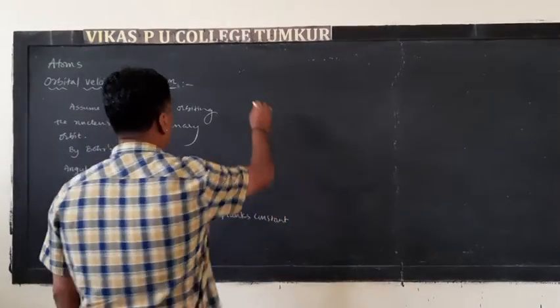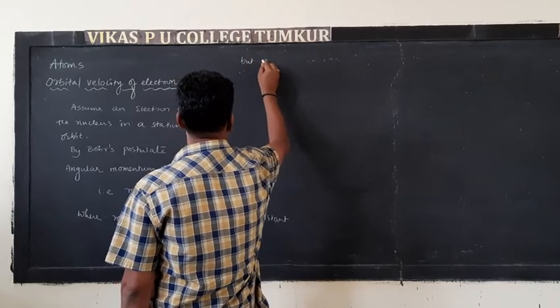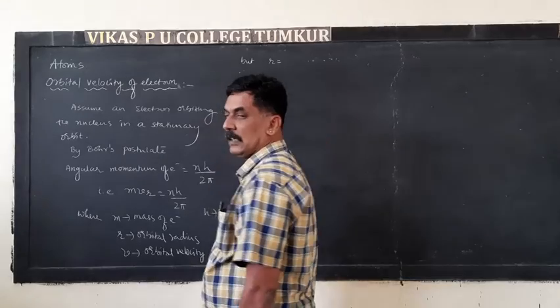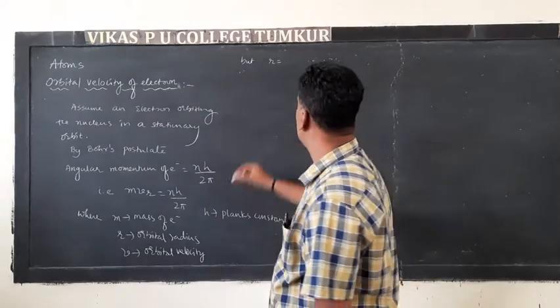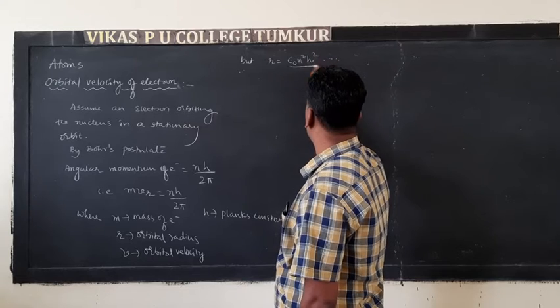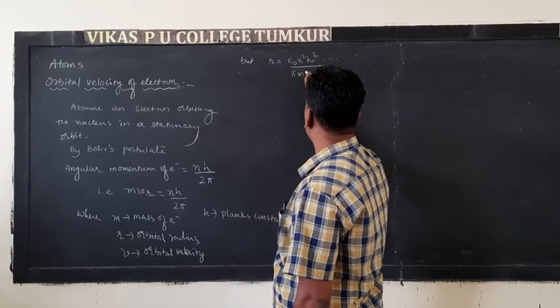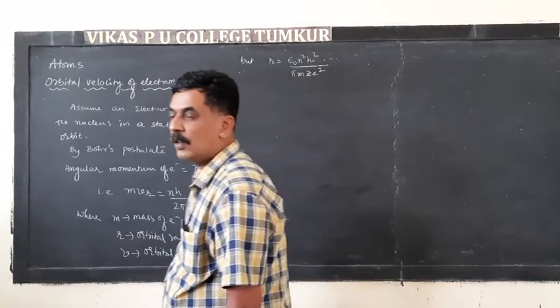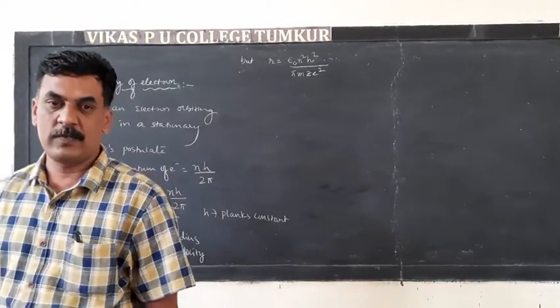But we have derived that radius of the electron orbit is given by epsilon naught n square h square by pi m z e square. So you have derived that in our previous video.